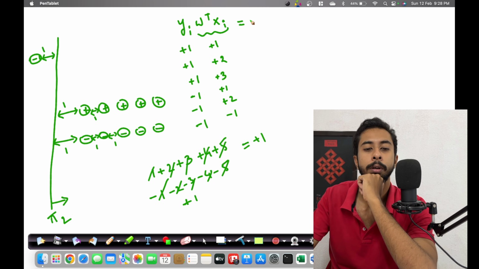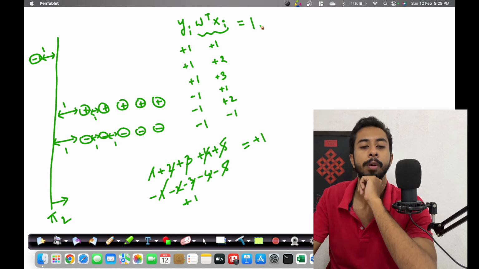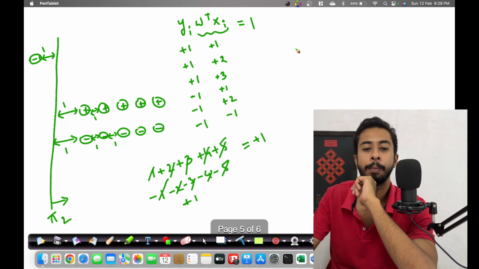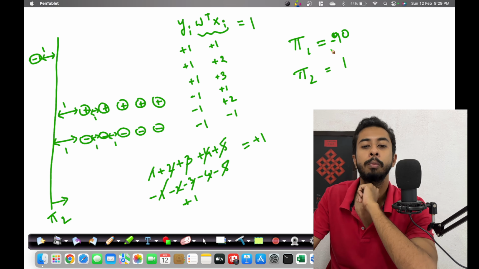So now look at the earlier value. For pi 1 we had the value as -90, and for pi 2 we have the value as 1.